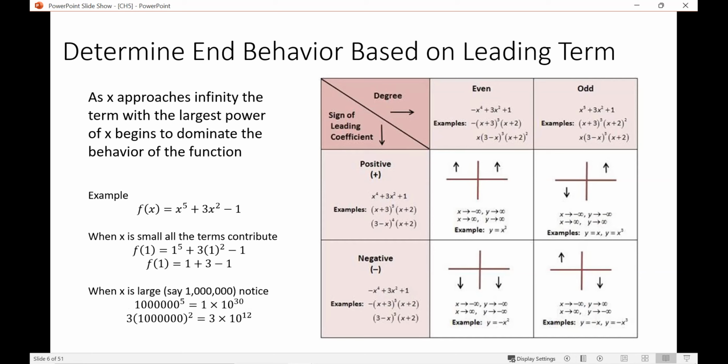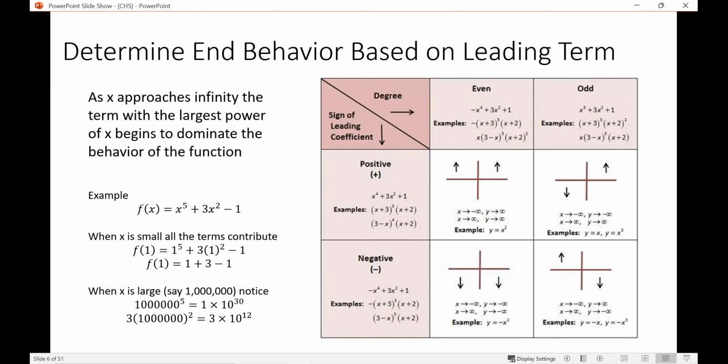But when x gets really big, let's say x is 1,000,000, the first term becomes 10 to the 30th power, that means 30 zeros. And the second term becomes 3 times 10 to the 12th power, which means 12 zeros. So you notice when x gets large, here it is at a million, it's got more than twice as many place values as the next term.